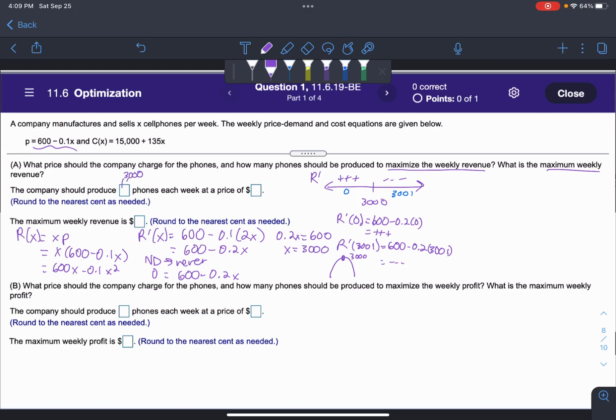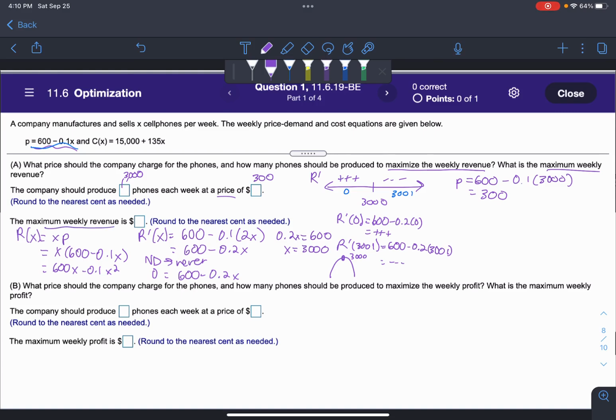And now we want to know the price. So we can use our price function that was given here. So the price is equal to 600 minus 0.1 times 3,000. You can plug this into your calculator, and I got 300. And then the very last question to this part is the maximum weekly revenue.